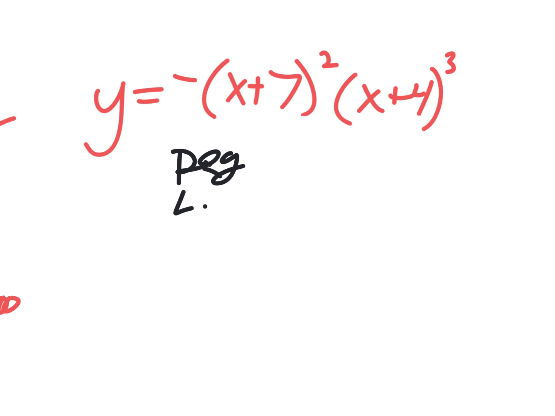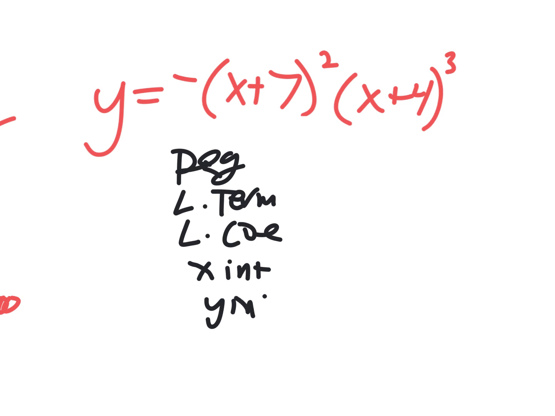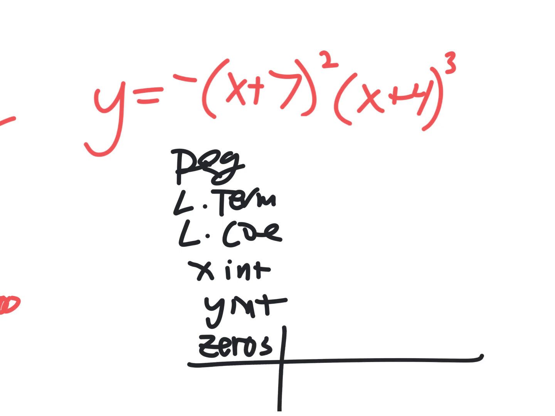The lead term. The lead as in coefficient. I'd like to know the x-intercepts, the y-intercepts, and we already tested the concept of down on the right, up on the left, so the end behavior, we already got that. I'd like to know the zeros and their multiplicity and their behavior.